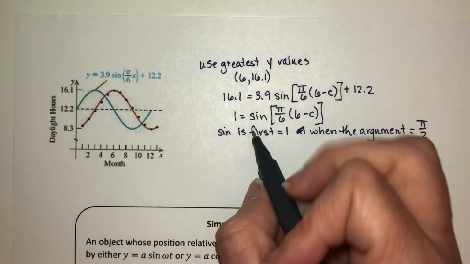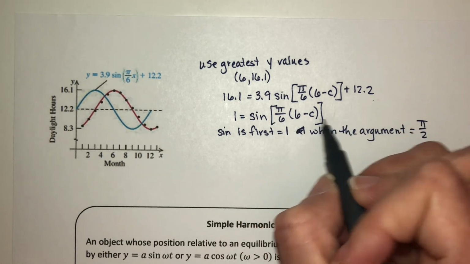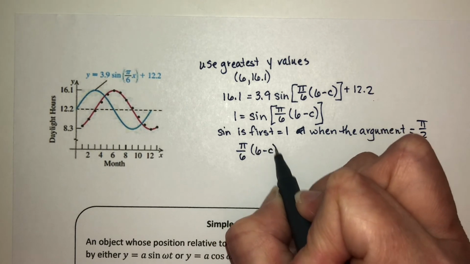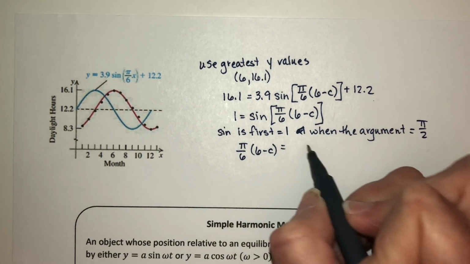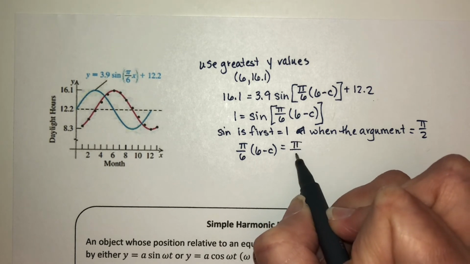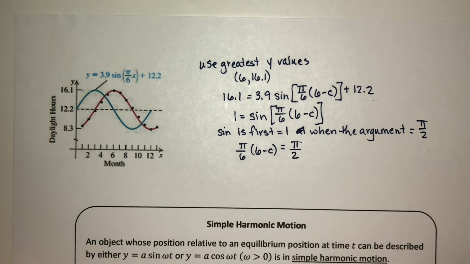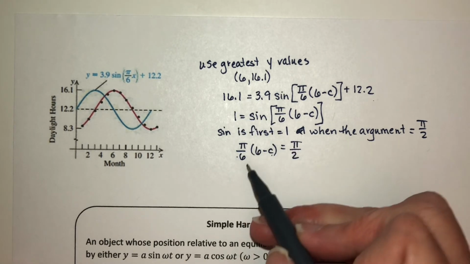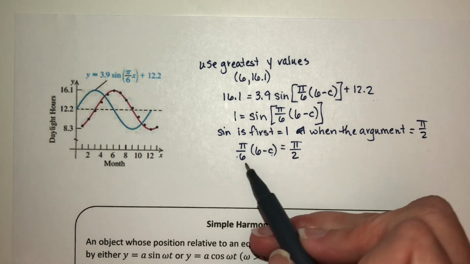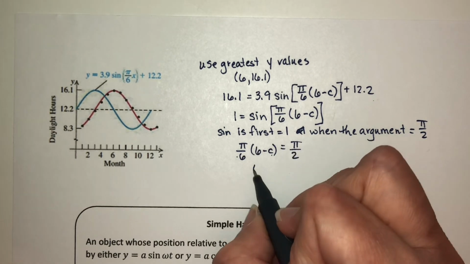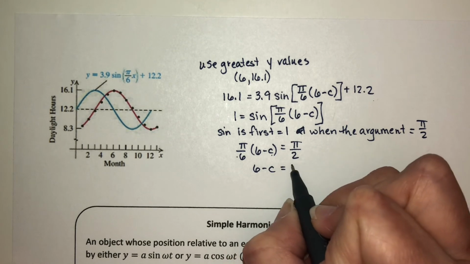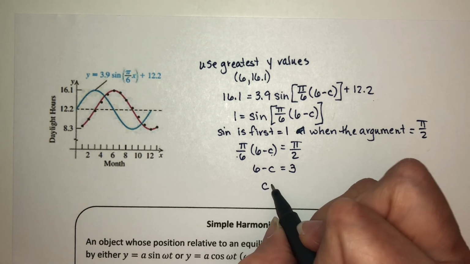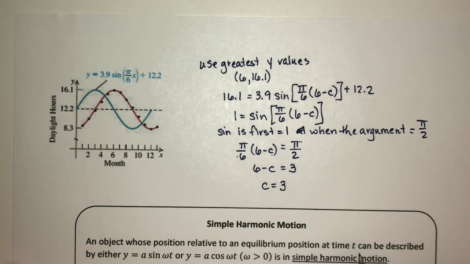So this tells us that pi over 6 times 6 minus c needs to equal pi over 2. When this happens, that's when we get our sine value equal to 1. If you multiply both sides by 6 over pi, you'll end up with 6 minus c is equal to 3. And that tells us that our c value must equal 3.